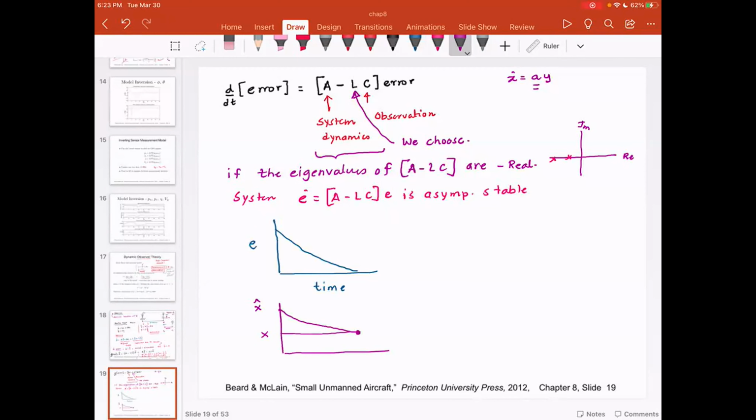And that is the fundamental reason an observer is used. So once again, what is an observer? An observer is used to estimate the state.